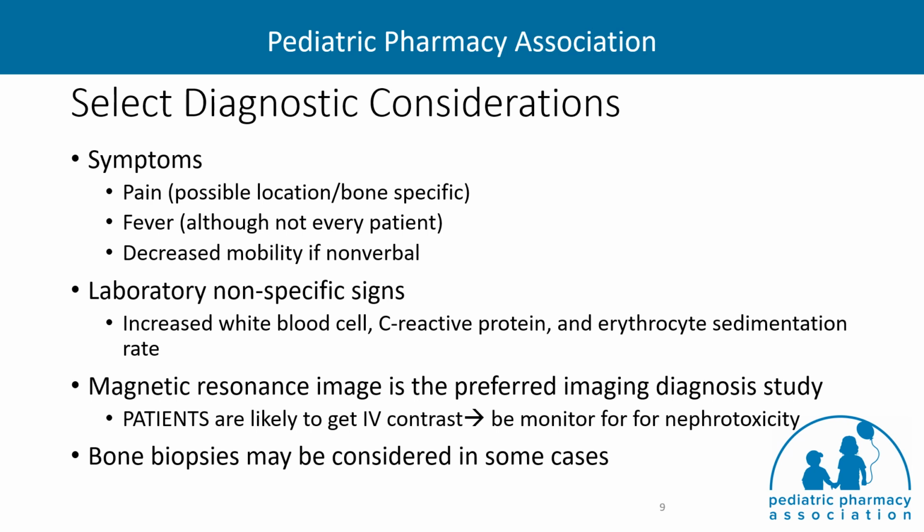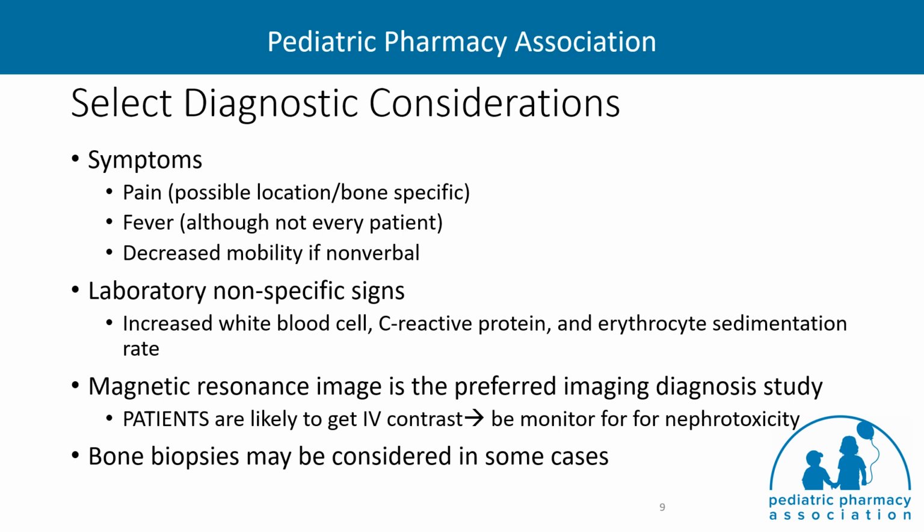They may have fever, although not every patient does, but a good bit do. And importantly, if they are nonverbal, you could have decreased mobility, a limp, they can't crawl, or whenever you hold them, they scream, suggesting pain in a specific area.